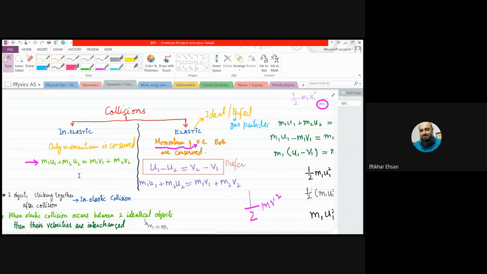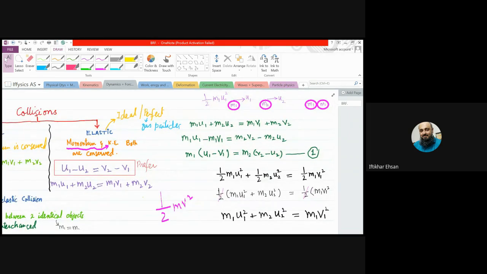Now, what is the summary of this? Whenever there is an inelastic collision, we only use the conservation of momentum formula, m1u1 plus m2u2 is equal to m1v1 plus m2v2. But the other type of collision is elastic collision.